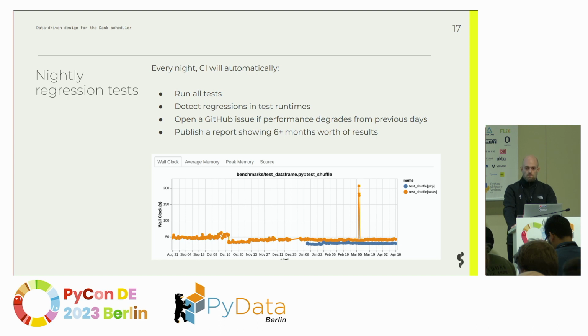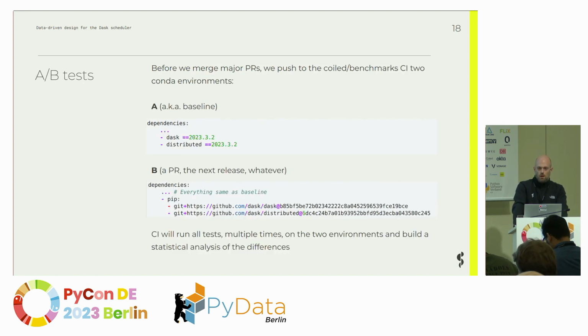And then there was nothing to report for several months, until one fated day on March the 5th, where somebody did something uncouth, and they deployed a patch into mainline, which made it 5 times slower. We got a GitHub issue, the developer was identified with git blame and fixed the problem, and you see that the problem was resolved.